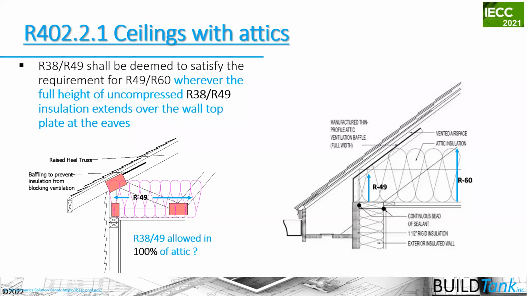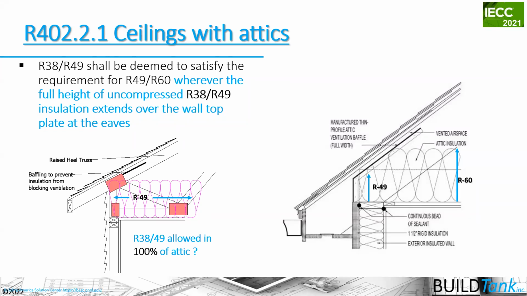So the first thing we know is that there is an installation requirement. You have to install insulation that extends over the wall top plate at the attic eave. Now, the R value of that insulation that's installed over the top plate can vary depending on the compliance option that you use.